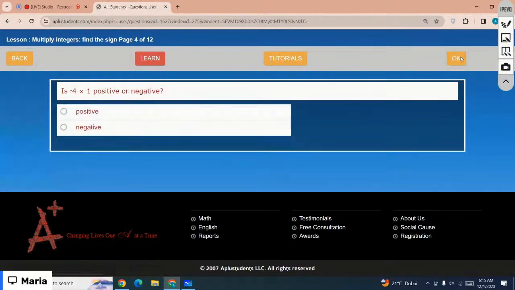Is negative 4 times 1 positive or negative? Negative 4 times 1. One of the numbers is negative, so the answer must be yes, very good. One of the numbers is negative, so the answer must be negative.